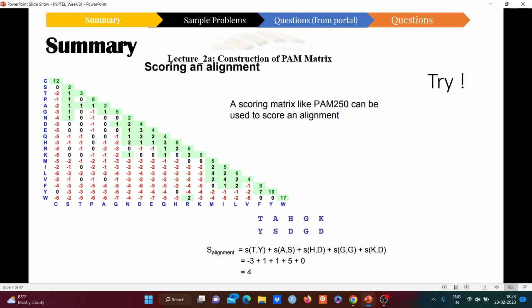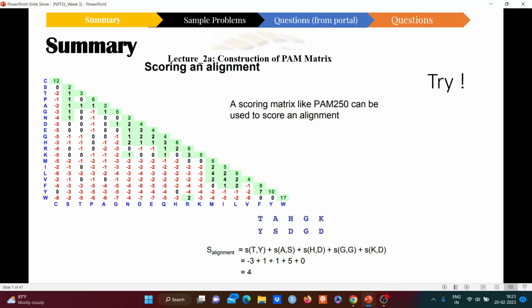The score for A and S is 1, and H and D is 1, and the score for G and G is 5, and finally the score for K and D is 0. Finally, sum up all these scores to get the score of the alignment, which is 4.